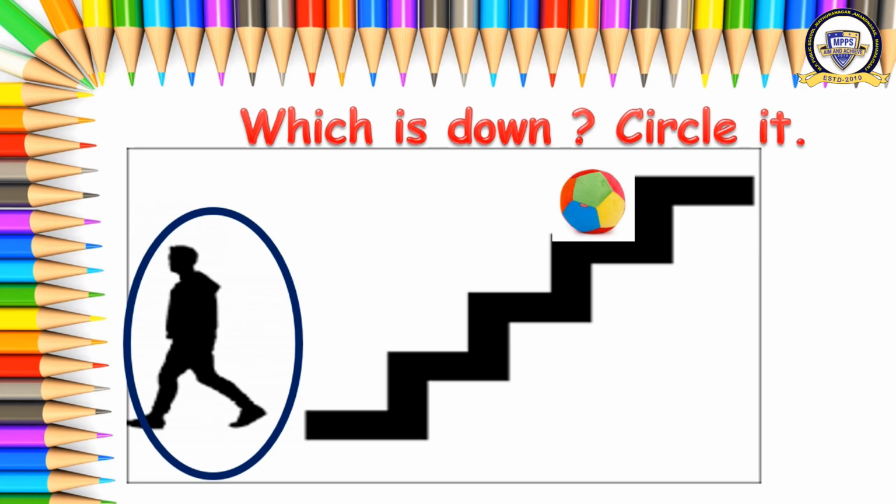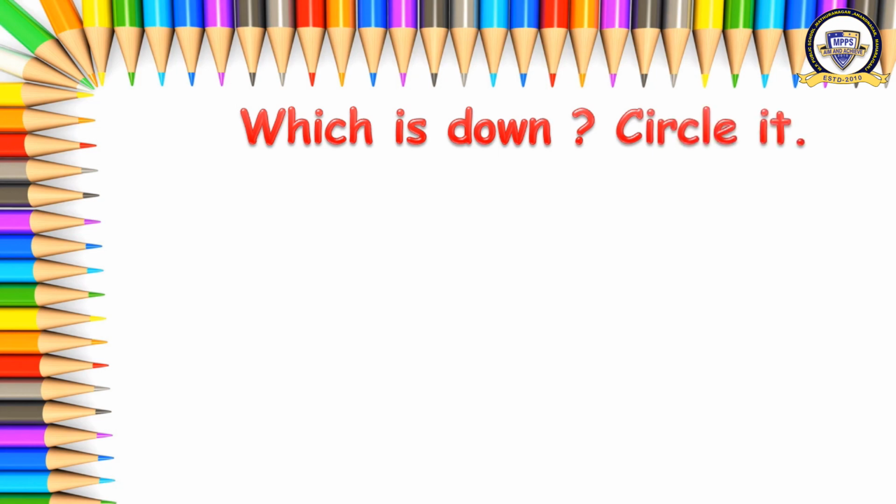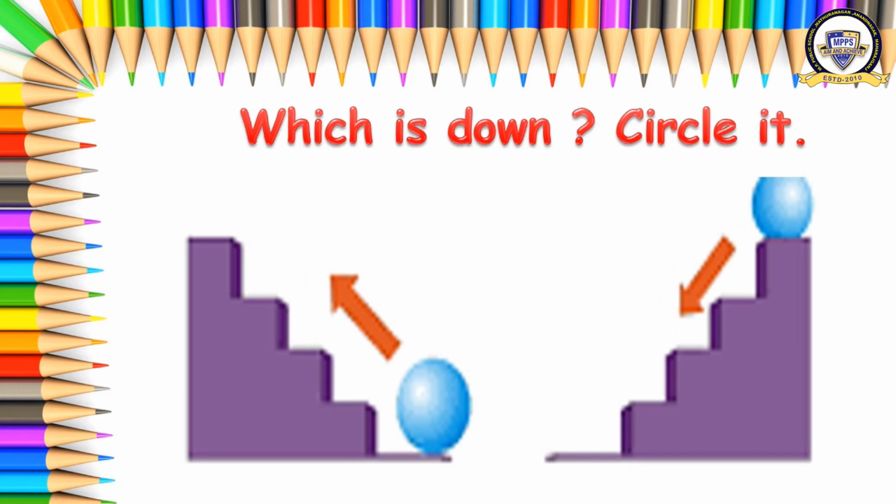Ready for the sixth question? The question is here, which is down. Once more you have to circle the down. Here also steps have been given and there are two balls.